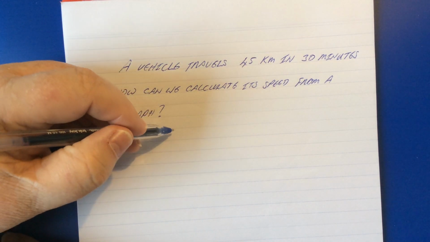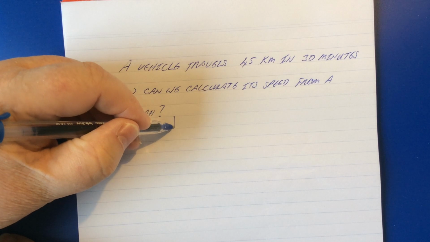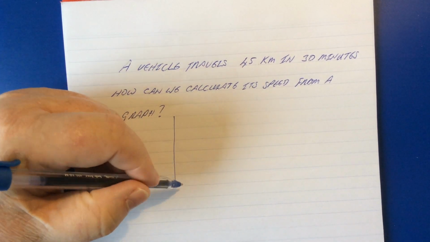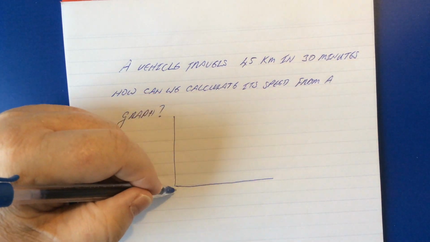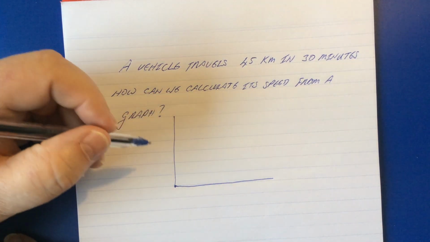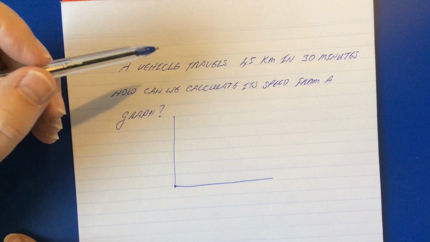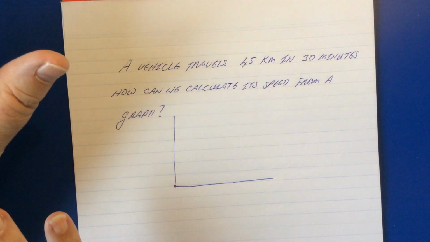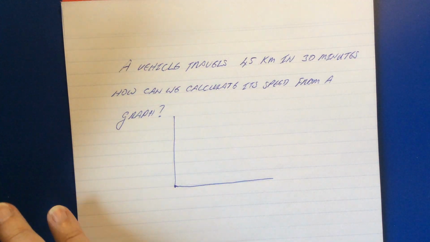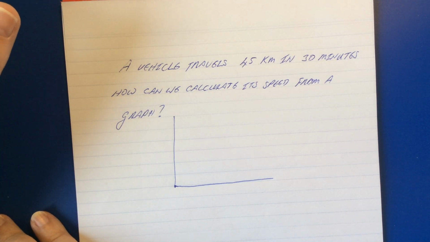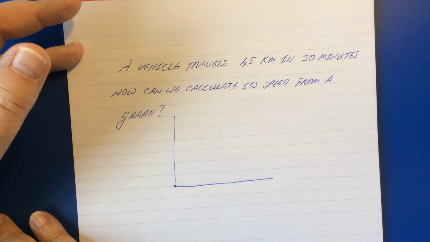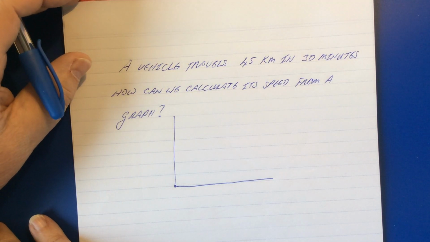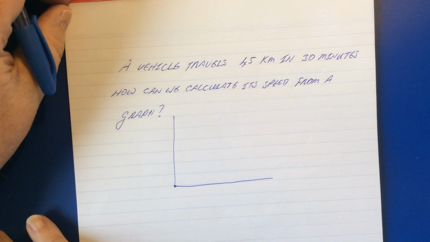But I thought what I'd do is show you how that would be illustrated on a graph, and at the same time deal with a couple of features of that graph, such as what's called a rate of change, because here we are going to have a rate of change. It's going to be a constant rate of change as far as we're concerned because we have no other information.